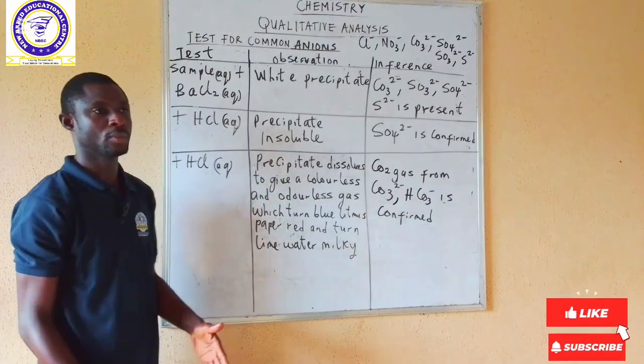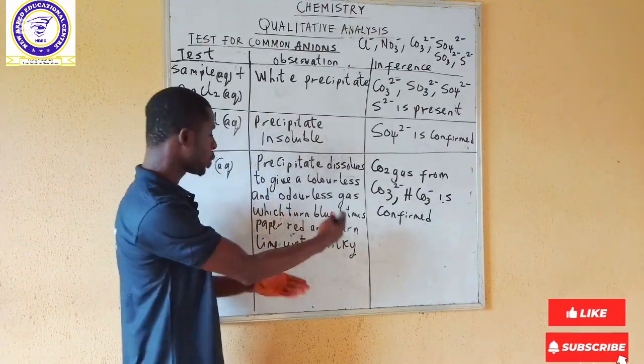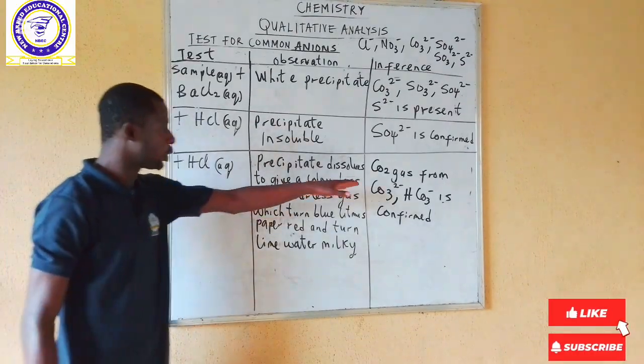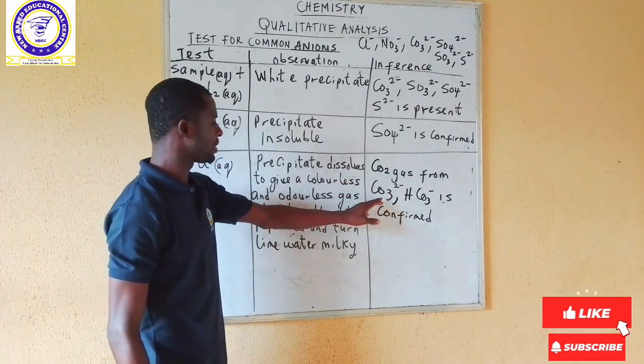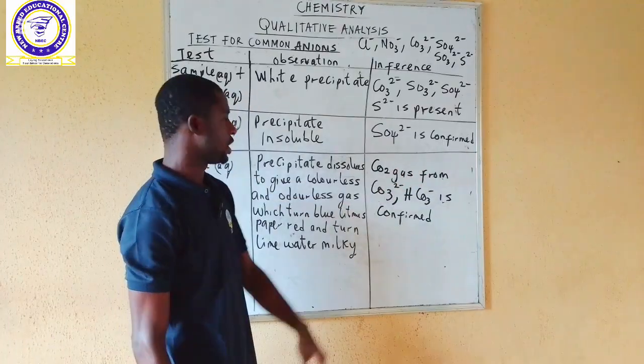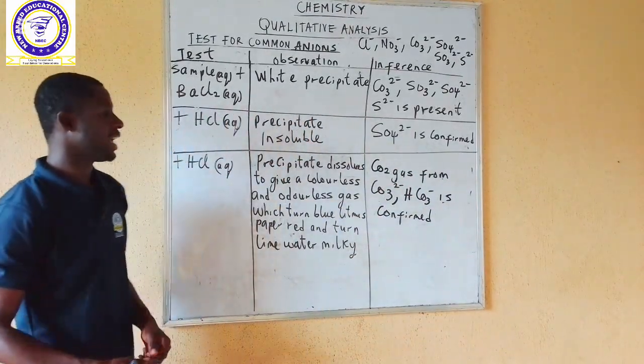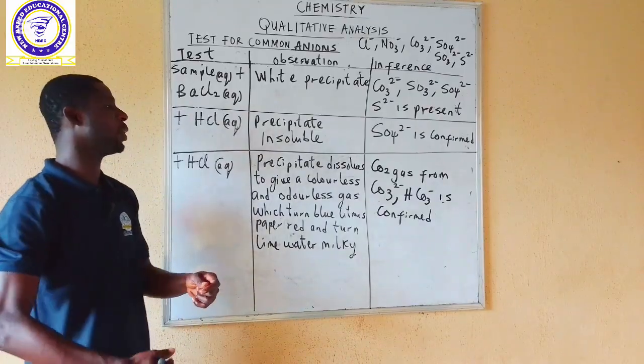This observation is saying that CO2 gas is coming out from that test sample, and CO2 gas can only come from CO3 2- or HCO3 minus. This is how to test for HCO3 minus or CO3 2- in our test sample.